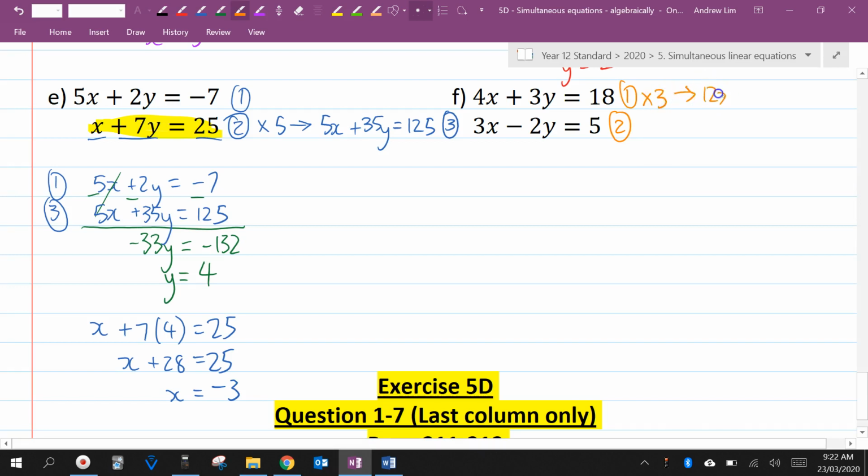That will give me 12x plus 9y is equal to 54. And then I can multiply statement 2 by 4. That will give me 12x minus 8y is equal to 20. And the reason why I did that was so that both x's will have a coefficient of 12.